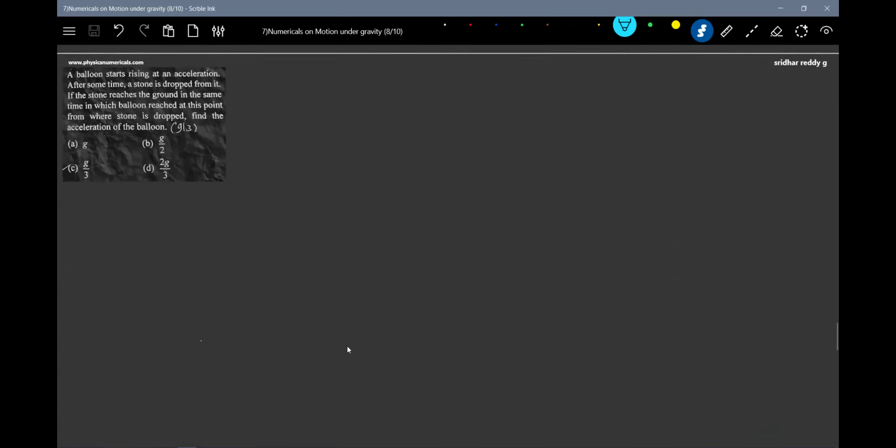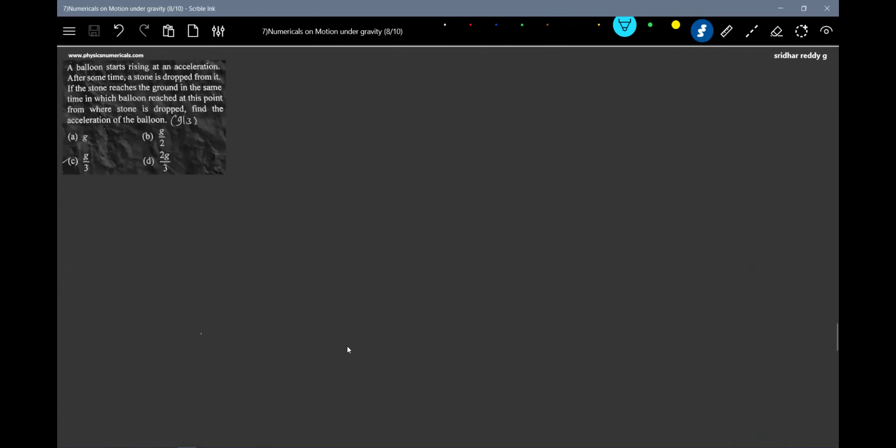A balloon starts rising at an acceleration. After some time, a stone is dropped from it. If the stone reaches the ground in the same time, and if the balloon reached this point from where the stone is dropped, find the acceleration of the balloon. I think we have to read the question.